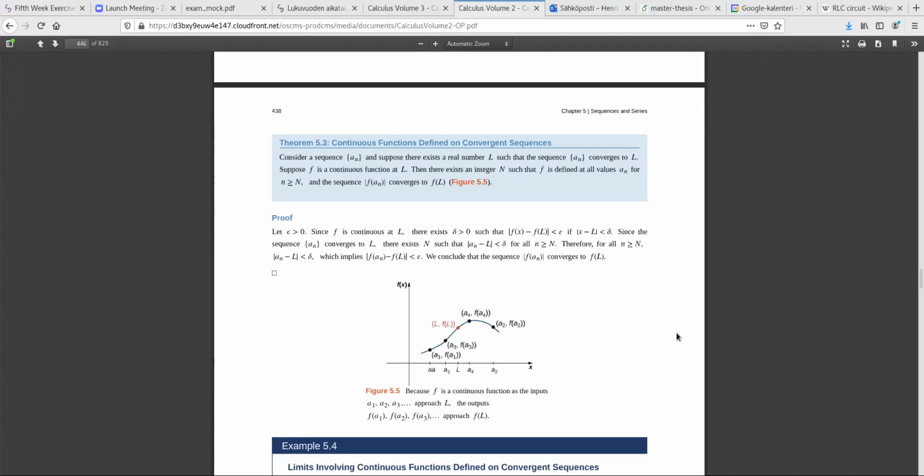We could have this as a definition of continuity. If a sequence of numbers is such that for all a_n, f(a_n) is defined, and f(a_n) converges to f(L), where L is the limit of that sequence, then f is continuous at L. So you could have this both ways.